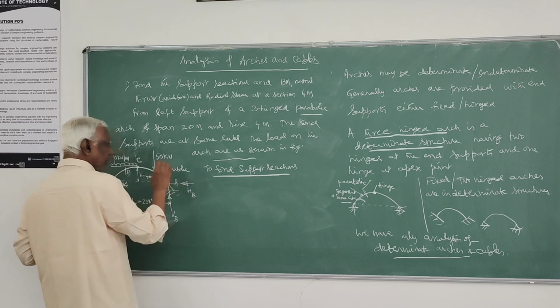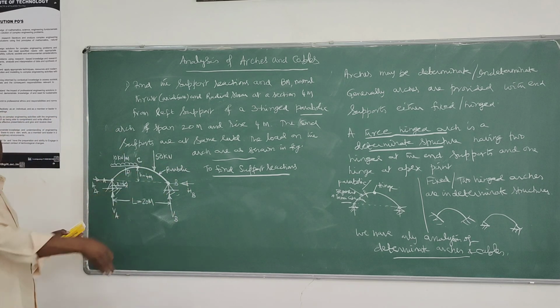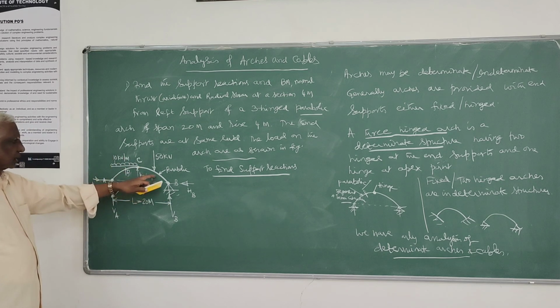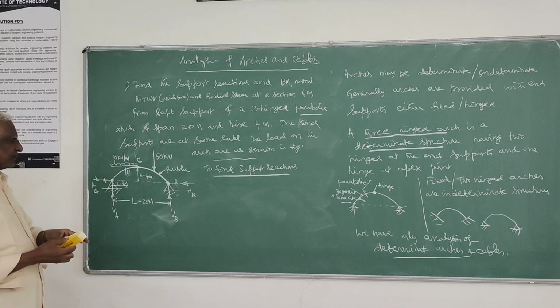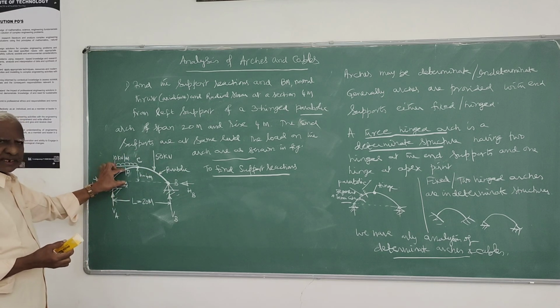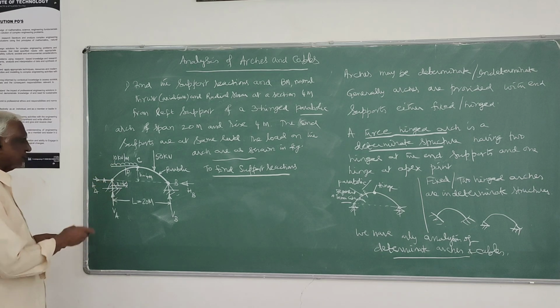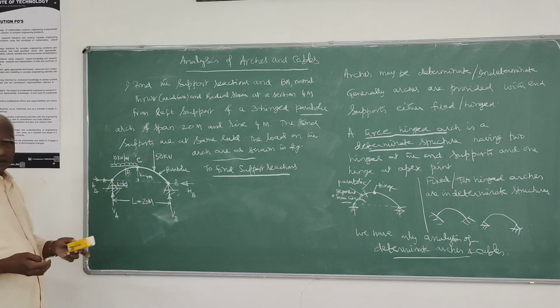So you should know what is the equation of this particular profile, equation to the curve of that particular structure. Since it is parabolic, usually the equation is y, rise at any point at any distance x, is given by y equals 4hx by L squared into L minus x.